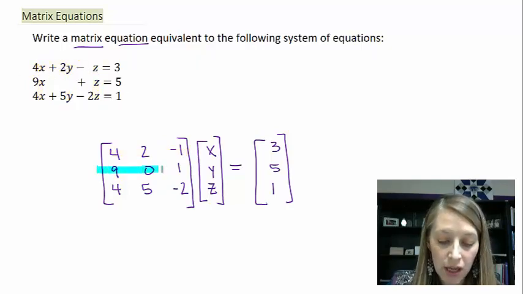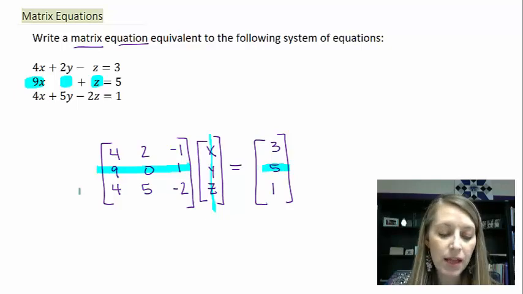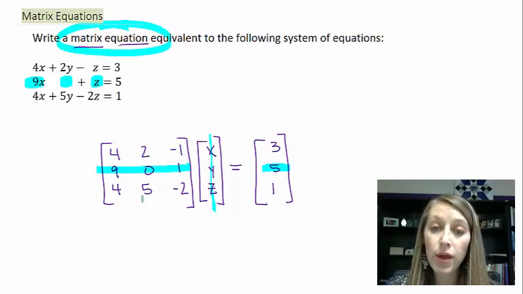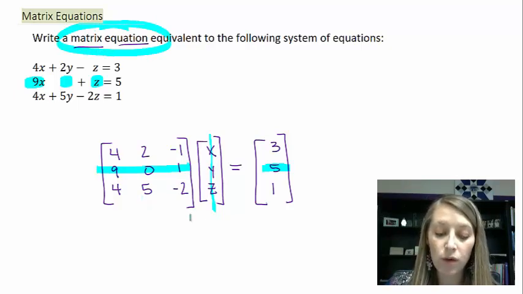If I took this row times this column, I would get 9 times X plus 0 times Y plus 1 times Z. And of course that's equivalent to this right there. And same thing for the last row. So if it wants us to set up a matrix equation, we have just done that. We've done our matrix multiplication here on the left and set it equal to our column matrix on the right.